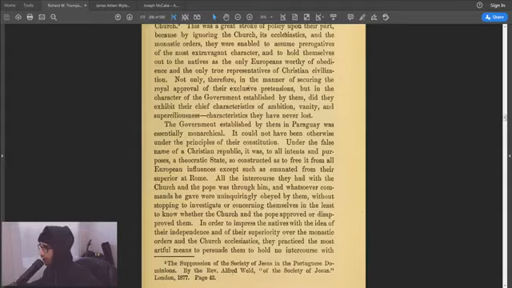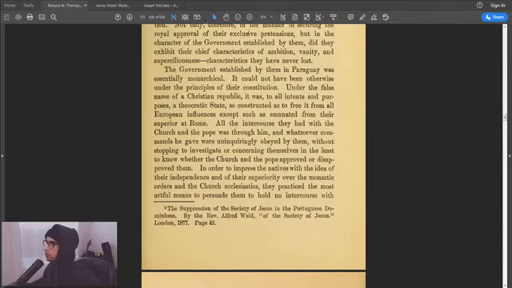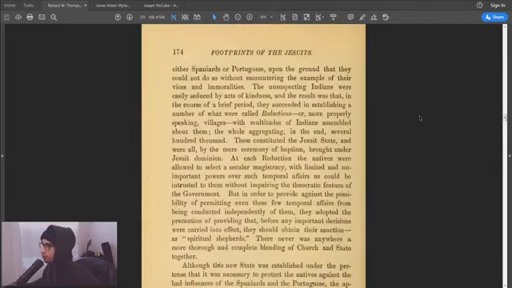In order to impress the natives with the idea of their independence and of their superiority over the monastic orders and the church ecclesiastics, they practiced the most artful means, black magic, to persuade them to hold no intercourse with either Spaniards or Portuguese, upon the ground that they could not do so without encountering the example of their vices and immoralities.